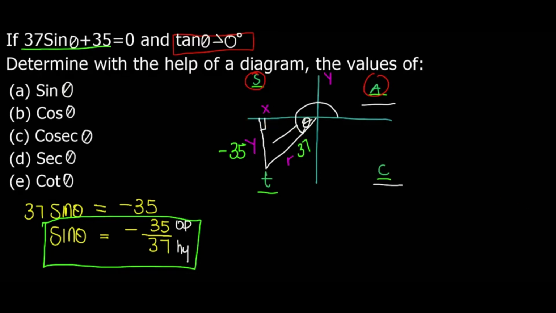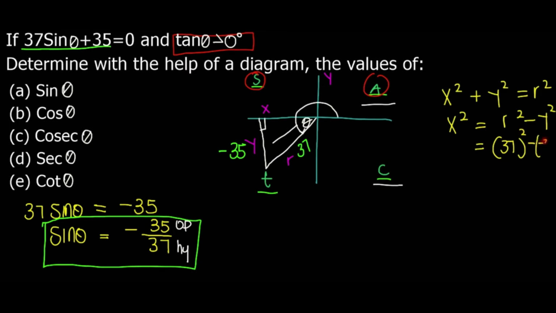So we are going to use the theorem of Pythagoras. We know that x squared plus y squared is equal to r squared. This means x squared is equal to r squared minus y squared, and our r is 37, and our y is minus 35.